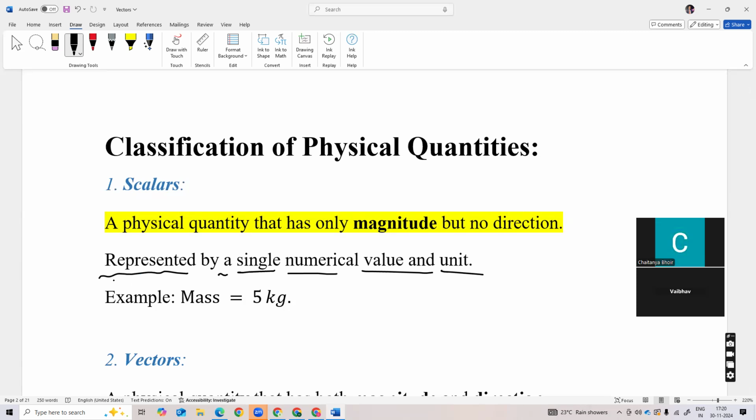Here we have mass. Mass is represented by a single numerical value 5 and its unit, which is kg. You can also write mass m is equal to 5 kg. So what you are using is one single numerical value and a unit.